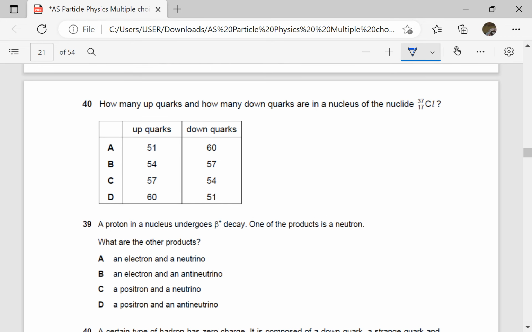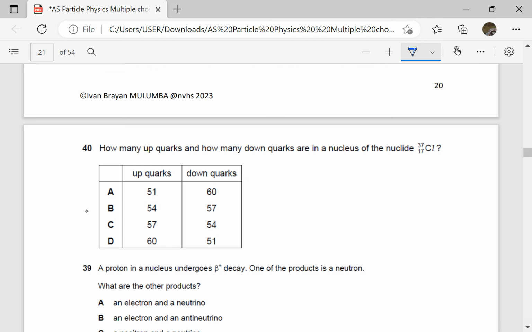How many up quarks and how many down quarks are in a nucleus of chlorine-37, 17? So there are 17 protons, and the number of neutrons is 37 minus 17, which is 20 neutrons.